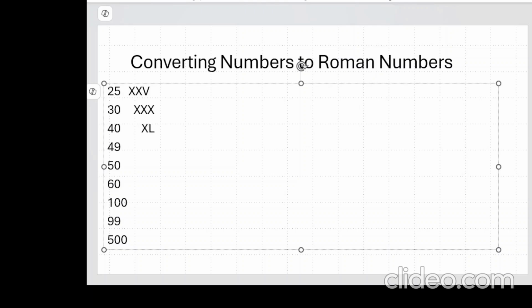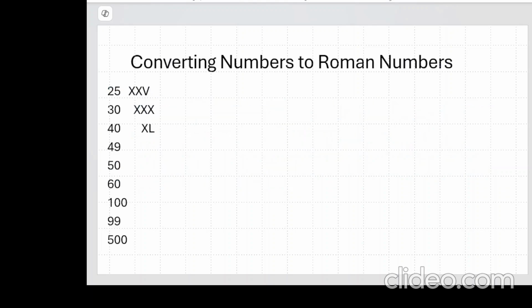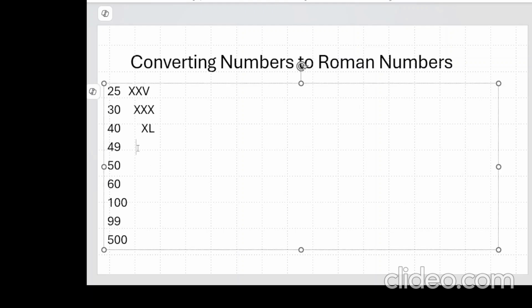As we have known from the definition, to do a subtraction, a smaller number is placed before a larger number. Then we need to subtract. So here the smaller number is X, which is 10, and the larger number is 50, which is L. So hence we will be writing it as XL.